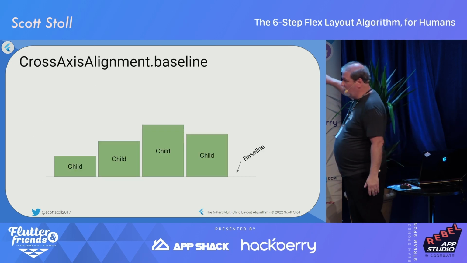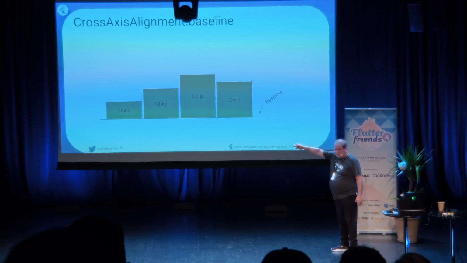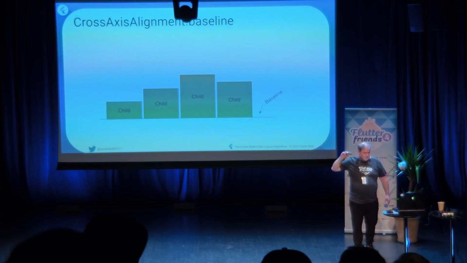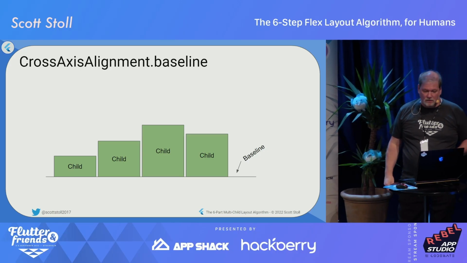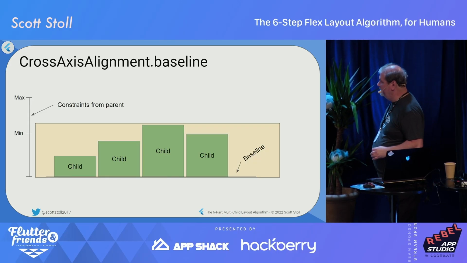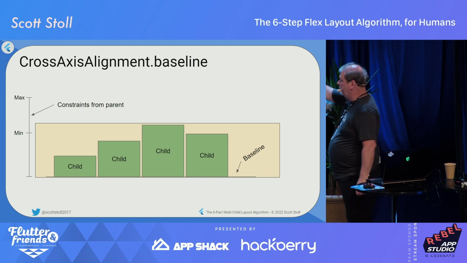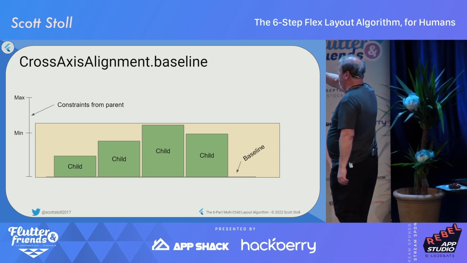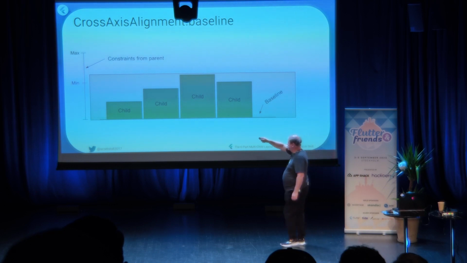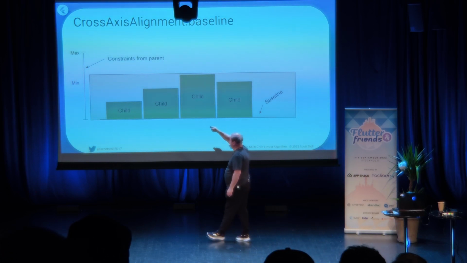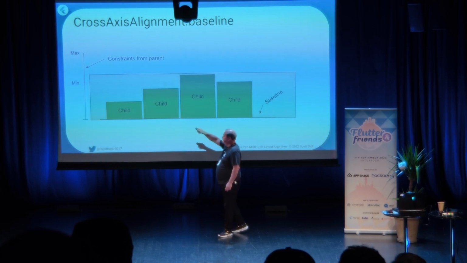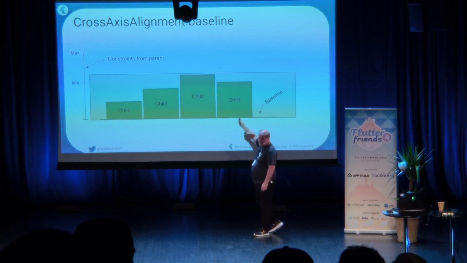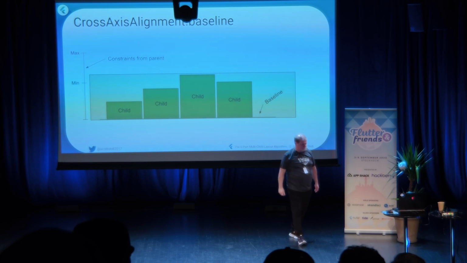So if this is a row, everything's going to be lined up along the bottom. And we can take a look at the constraints that are coming in from the parent. Okay, here's the minimum constraints. Here's the maximum constraints. So baseline will not force to be maxed the way that a stretch will.